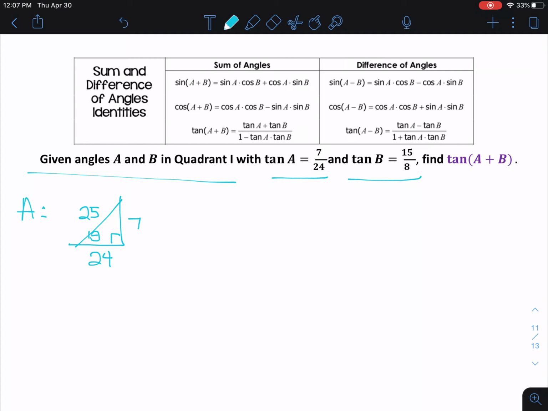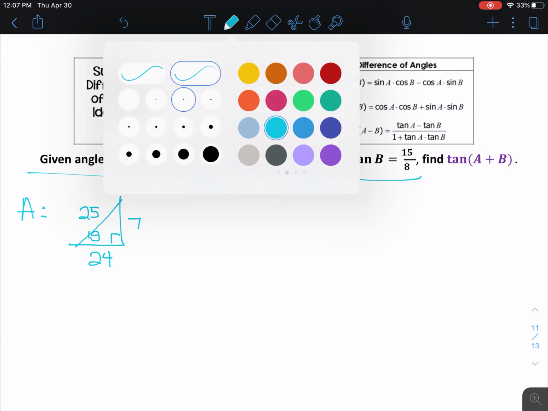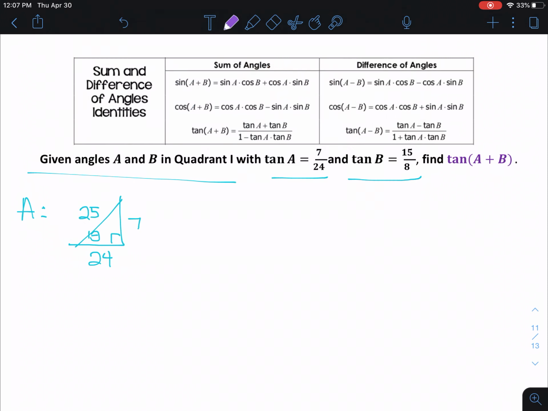Okay, so now let's do b. So b is also in quadrant 1. And this time it's 15 over 8, so opposite is 15. Adjacent is 8.